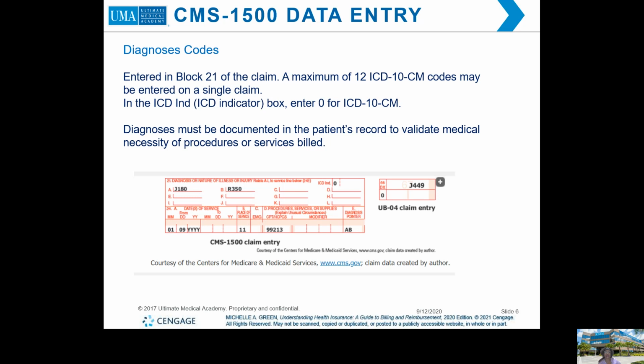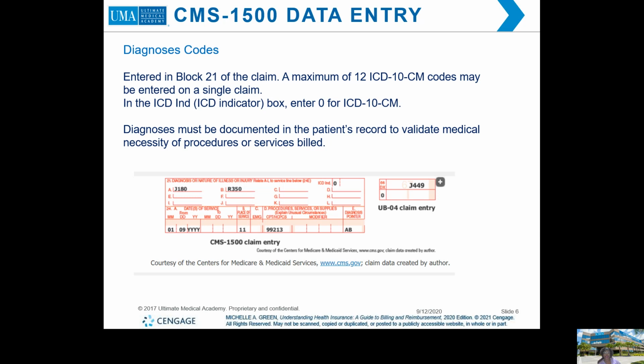Now, here we go again with medical necessity. I told you it's always going to be medical necessity. Those diagnoses must be documented in the patient record so that it validates medical necessity of the services. The services are shown in block 24D.